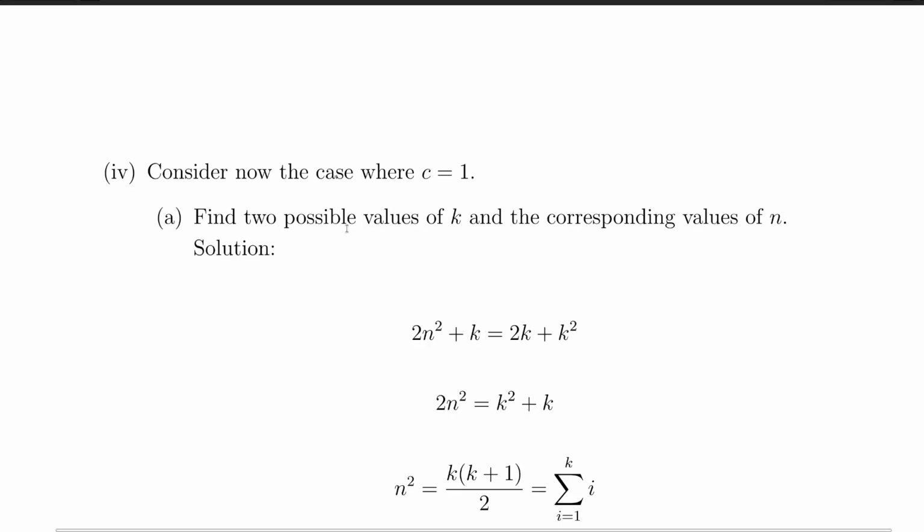I did use it to find the second pair for k and n, but you can kind of cheat and use the next part to find the other solution. Anyway, we'll just stick on this part for now.